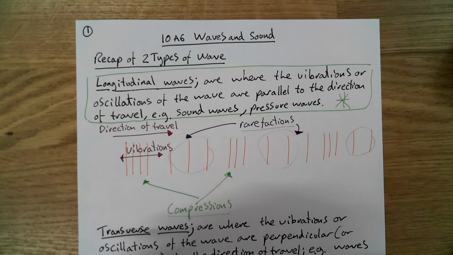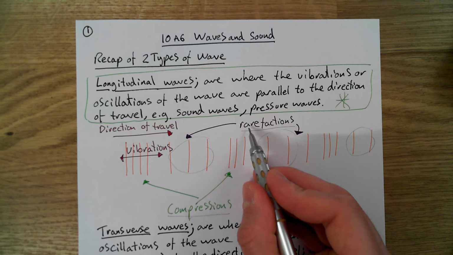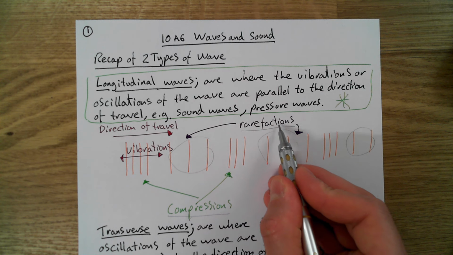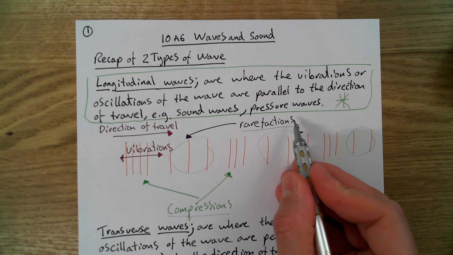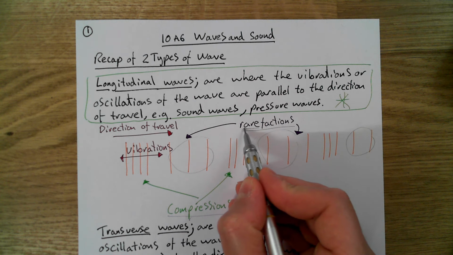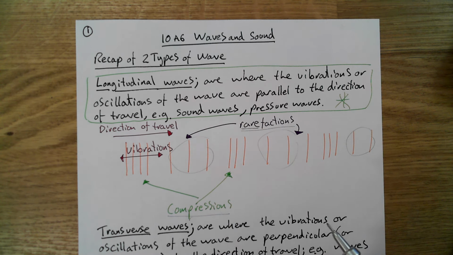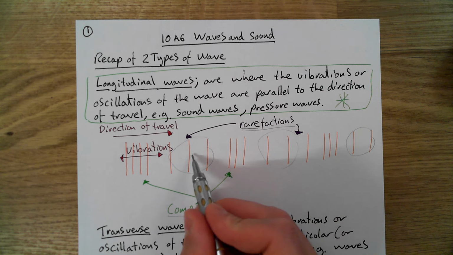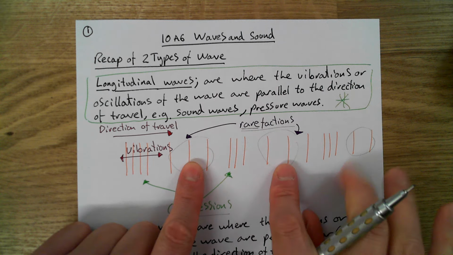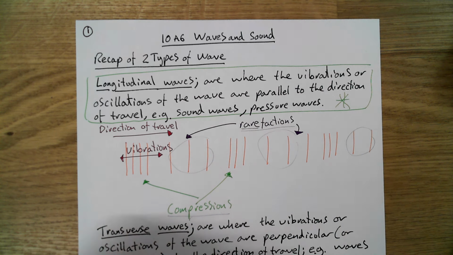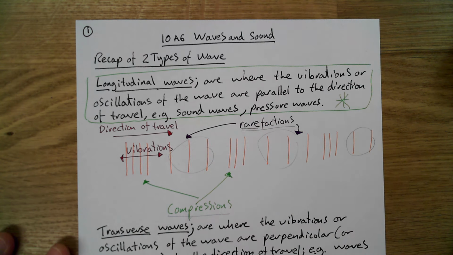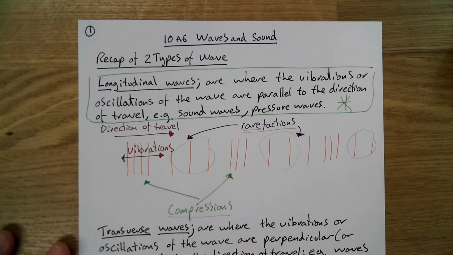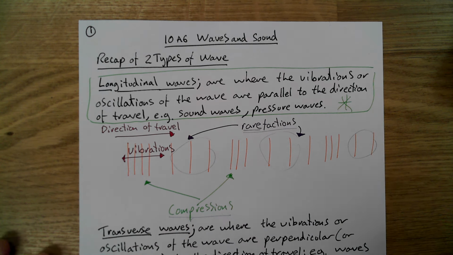You do need to know that term. R-A-R-E-F-A-C-T-I-O-N-S. It comes from the word rare, which means there aren't very many of something. And so there aren't very many atoms or particles transmitting the wave in these three regions, hence rarefactions. Okay, so I'll go through the computer in a moment.